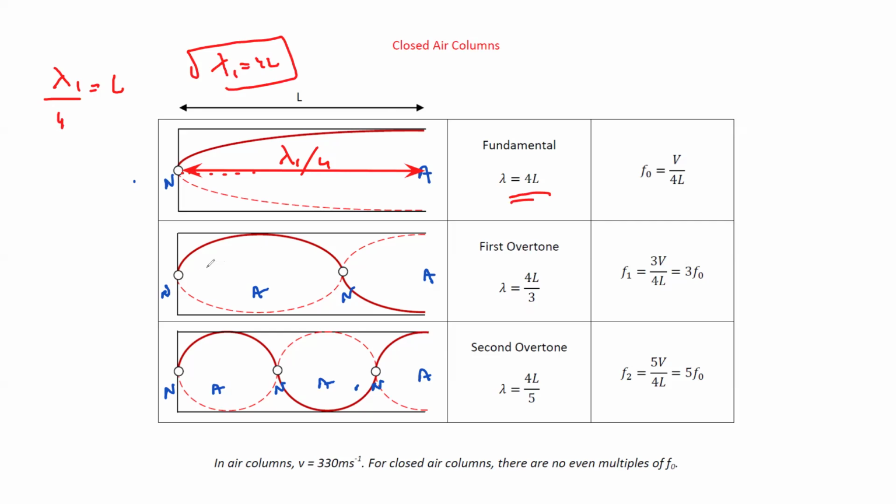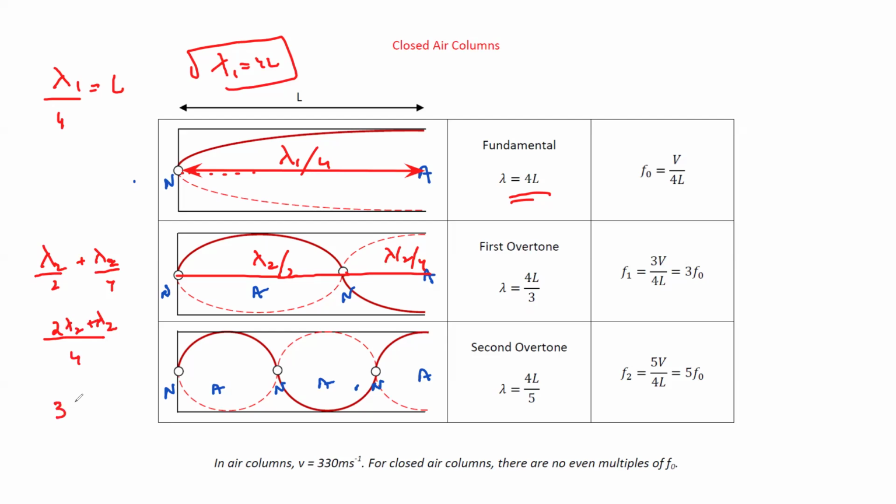Same thing, if we have the first overtone, or the second harmonic. The first overtone is called the second harmonic. What is this distance? The distance between two successive nodes is lambda by 2, and the node and antinode is lambda by 4. So when we add them, lambda by 2 plus lambda by 4, 4 will be the LCM, so this will be 2 lambda by 4 plus lambda by 4.